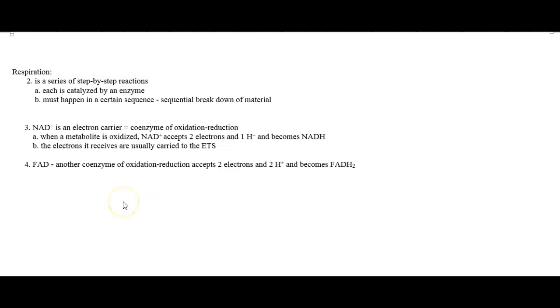The metabolite is oxidized. NAD+ accepts 2 electrons, 1 hydrogen, and becomes NADH. Just like the taxi, just like NADPH. The electrons it receives are usually going to be carried to the electron transport system.